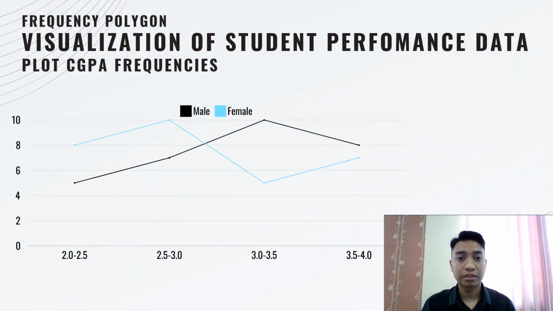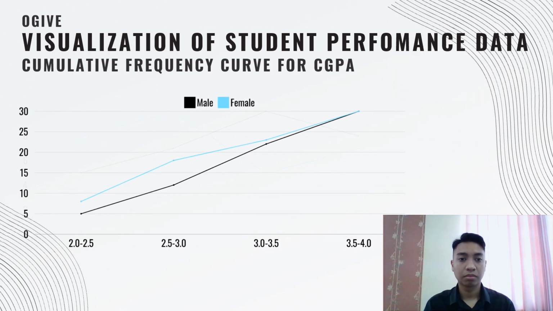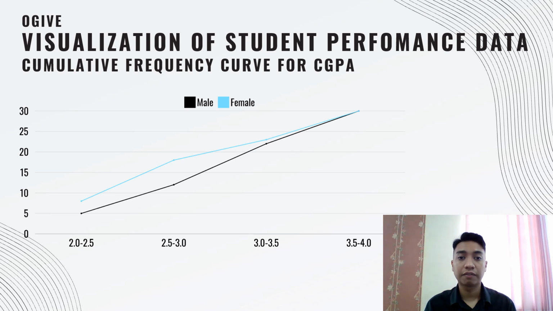So the frequency polygon further visualizes CGPA frequencies, making it easier to compare performance levels across the sampled students. This cumulative frequency curve, or OGIVE, shows how CGPA accumulated across the dataset. It provides insights into the cumulative academic performance trend.